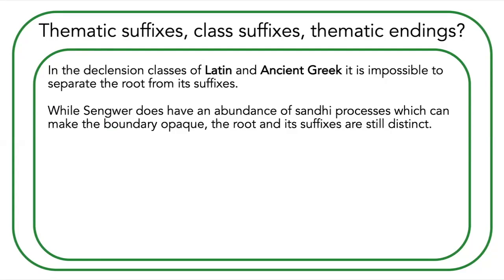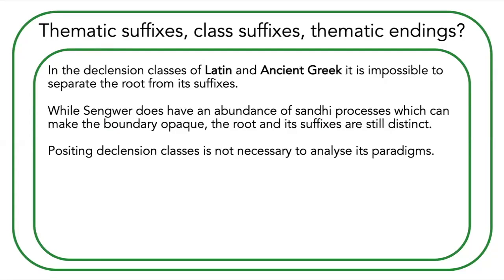But in Sengwer, even though you have these sandhi processes which merge the vowels, it's very clear what is a suffix and what is a root. So positing the declension class isn't really necessary to understand the paradigms.